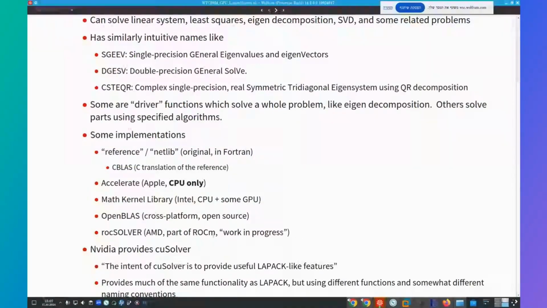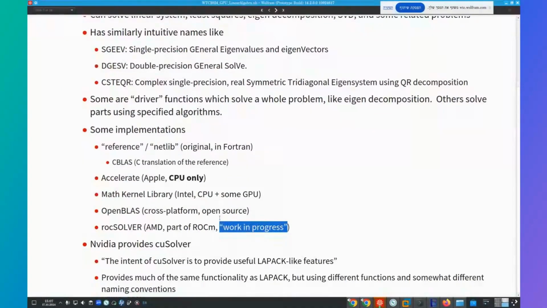So I have not dived deeply into how much is there yet, but that certainly suggests that it's not complete yet. NVIDIA chose not to implement LAPACK, but instead created its own library called CU Solver with the intent of providing the useful LAPACK-like features. So this provides a lot, certainly not all, but a lot of the same functionality as LAPACK, but using different function names and naming conventions.